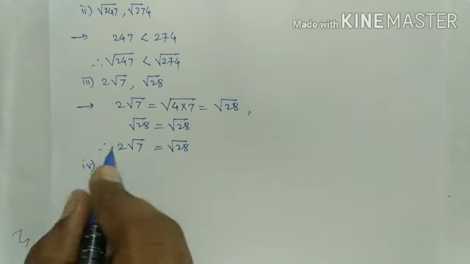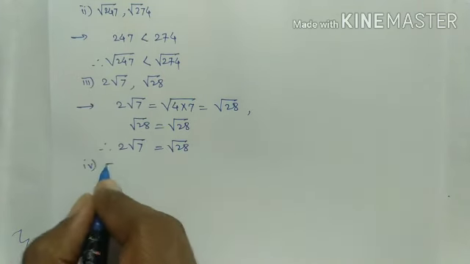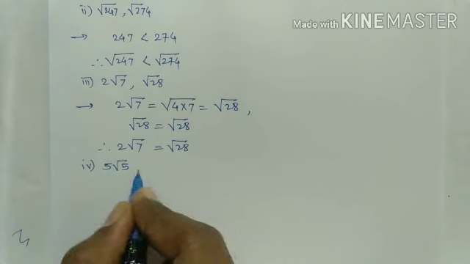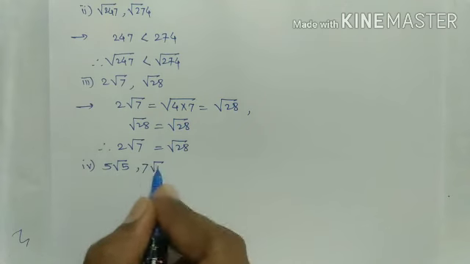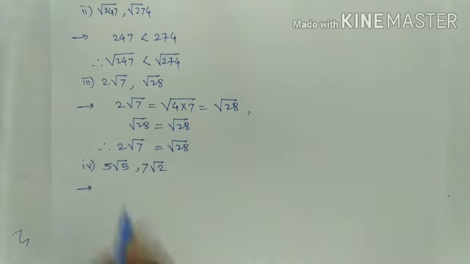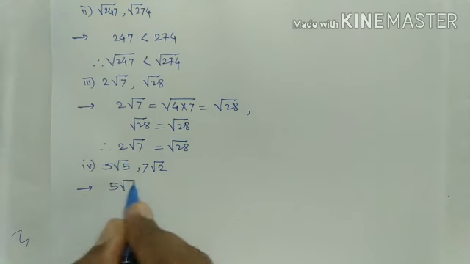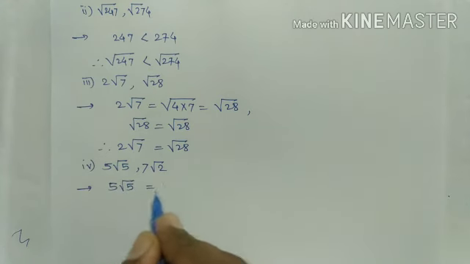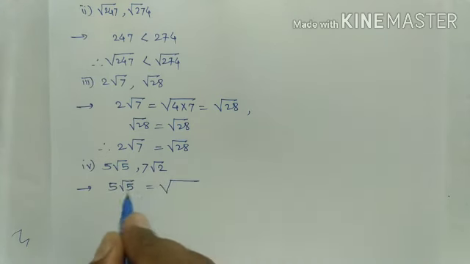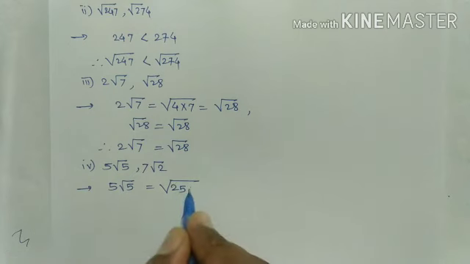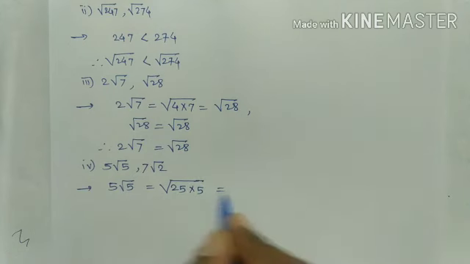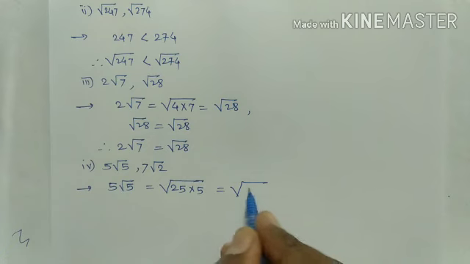Then the fourth example is 5 root 5 and 7 root 2. Here we convert this surd into a pure surd, that is, 5 root 5 equals root 25 into 5, that is equals 25 fives are 125.